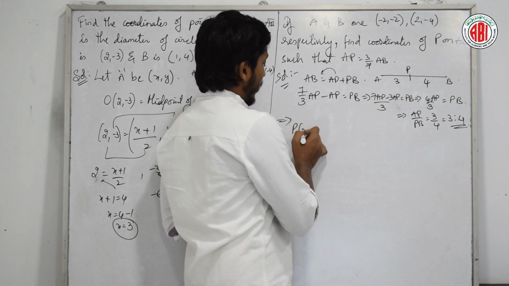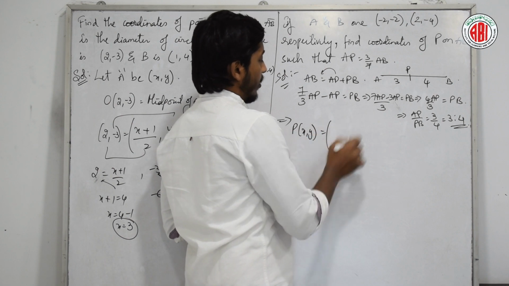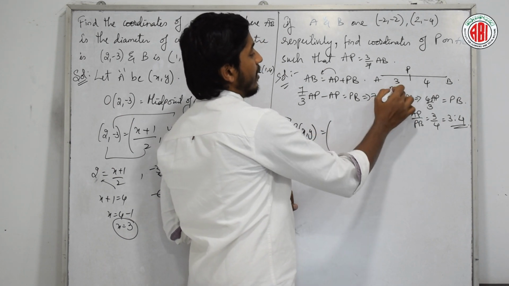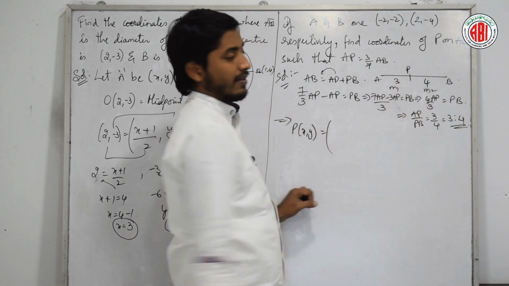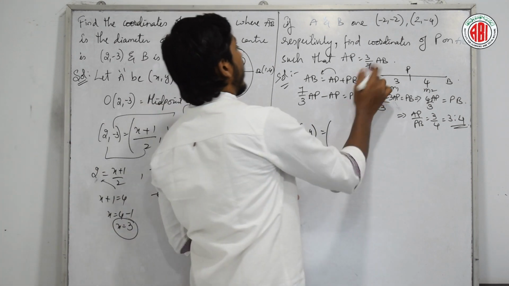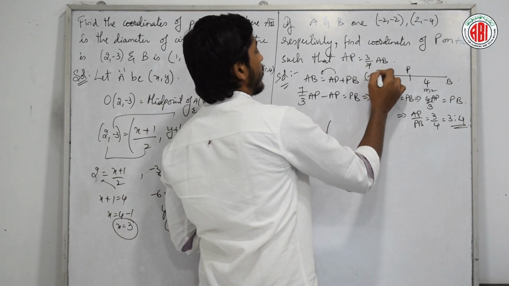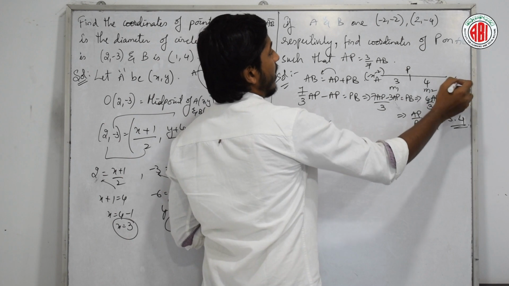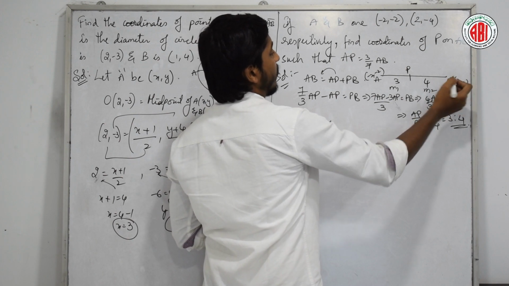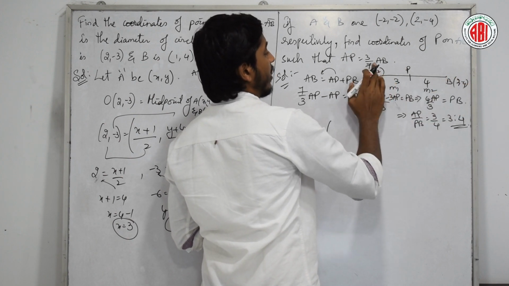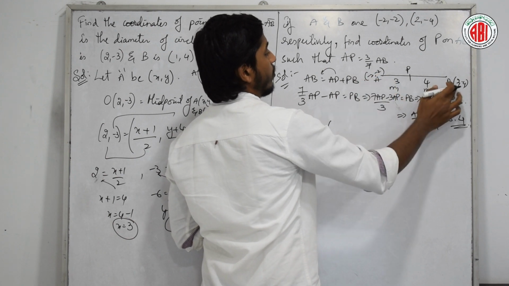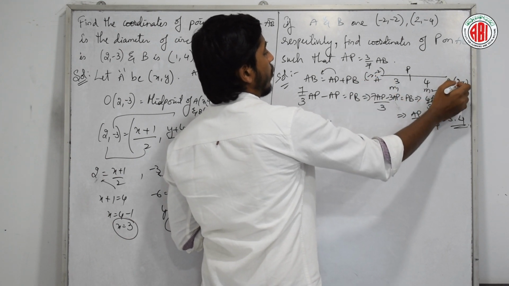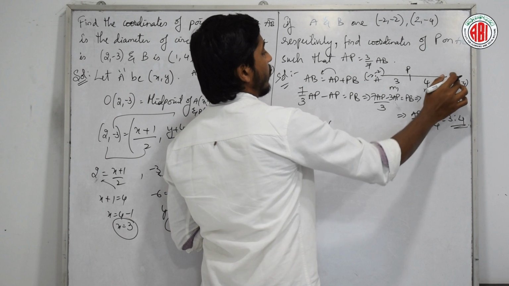Therefore, P (x, y) is equal to, m1 is this, m2 is this. What is A? A is (-2, -2). B is (2, -4). This is (-2, -2). This is (2, -4).